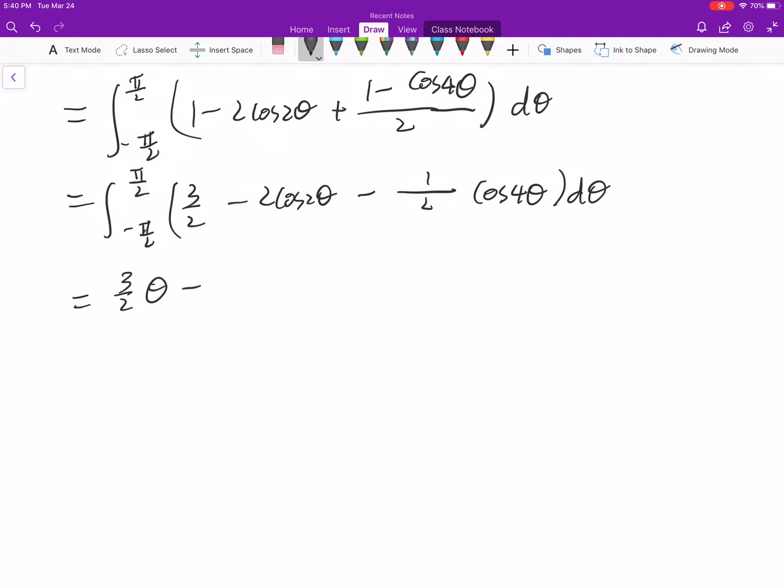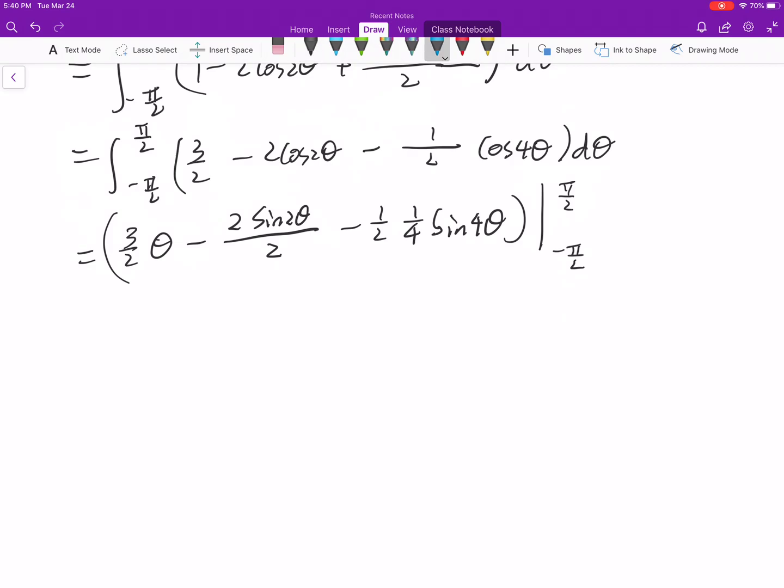Okay, then we can do the one variable integral: minus 1/2 times 1/4 sine 4 theta. So the points are pi over 2 and negative pi over 2. And also here, notice that sine 2 pi over 2 equals sine 2 negative pi over 2 is 0.